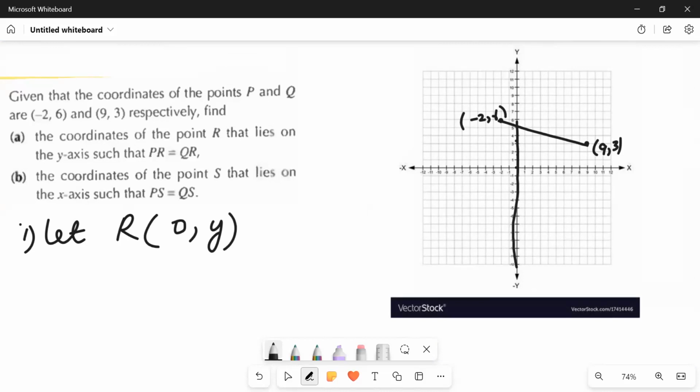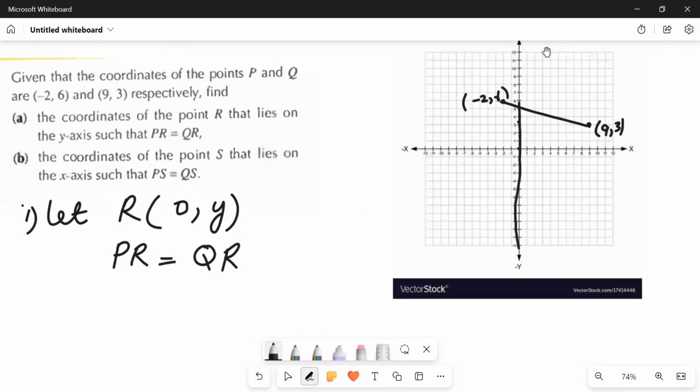Okay, according to the condition, PR and QR are equal. This condition is given.